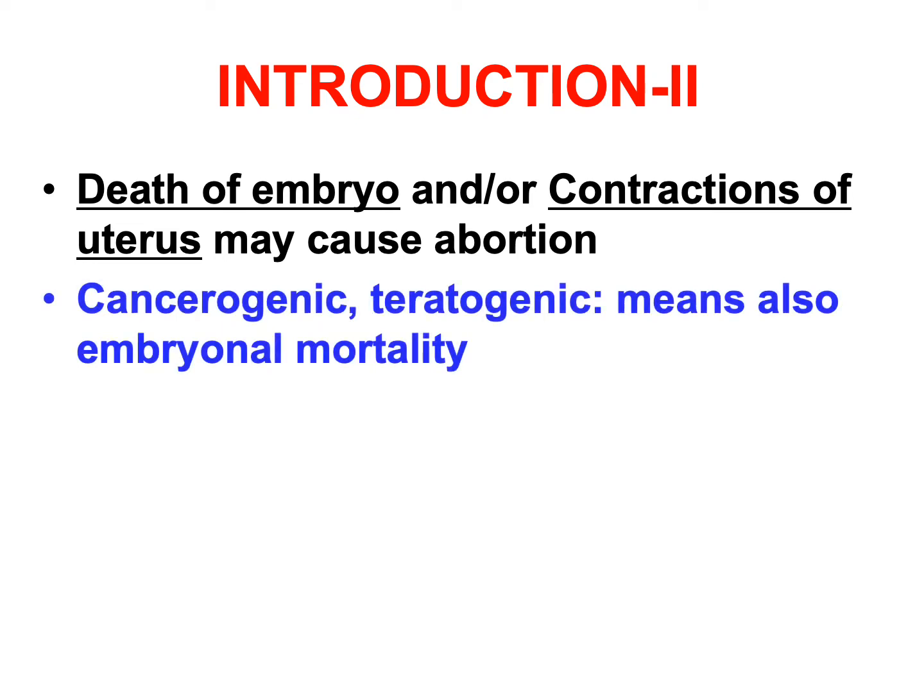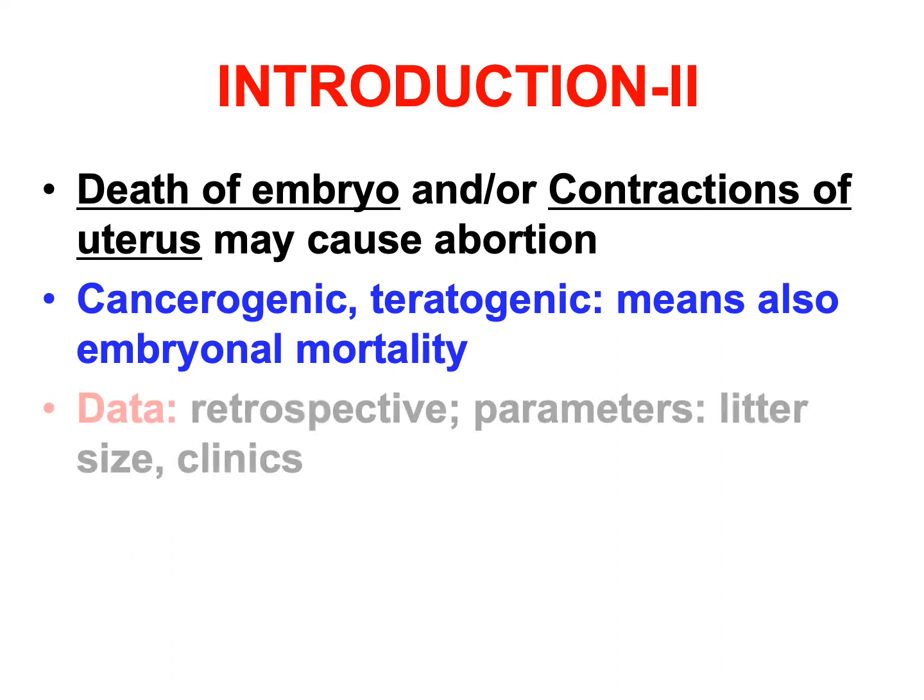In this way, as we have to see, the cancerogenic and teratogenic substances mean also embryonal mortality, and by this way a secondary cause of the abortion.